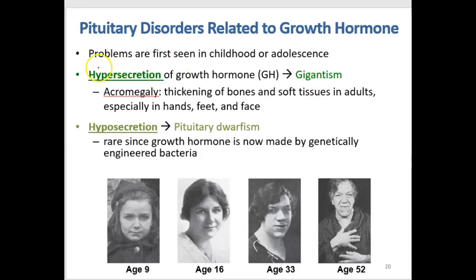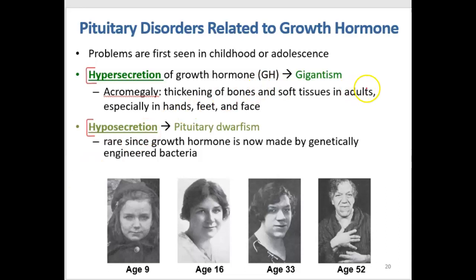And so there are 2 disorders. One is that the pituitary is making too much growth hormone. That's called hypersecretion. Or the second, the pituitary gland is making too little growth hormone. That's called hyposecretion.